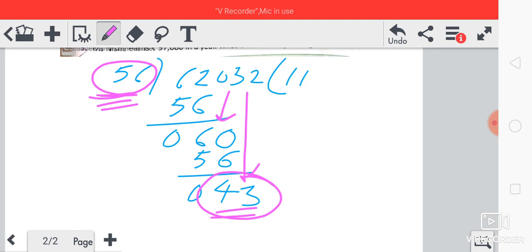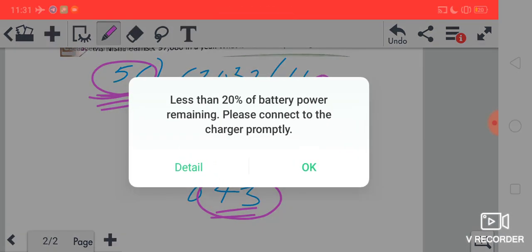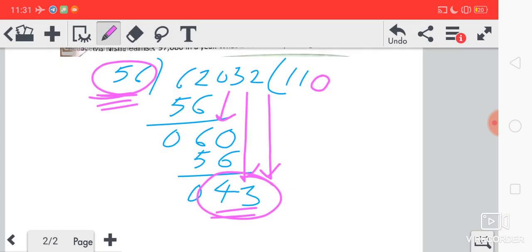So what do we have to do? We have to bring down another digit, 2. But for bringing down another digit 2, what do we have to do? We have to put 0 here. Then only we can bring this number. Got it?